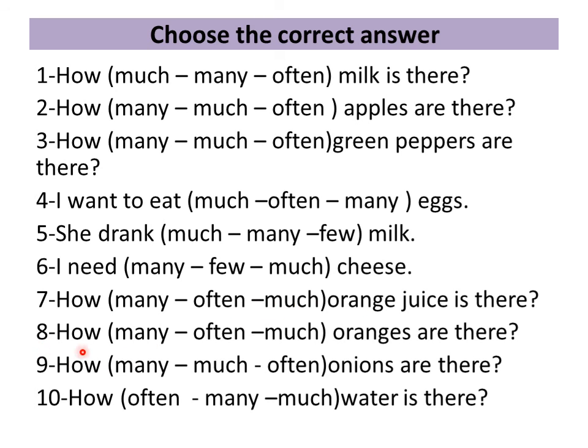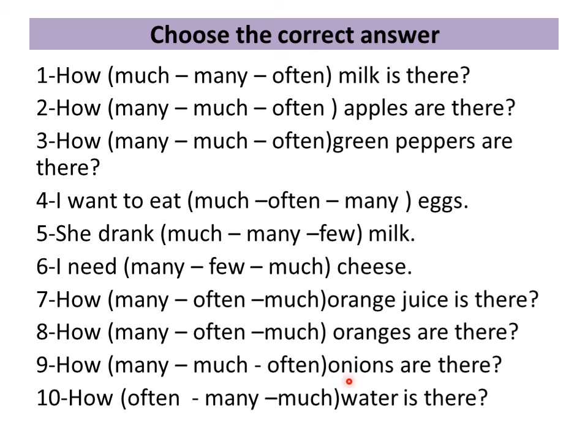Number 8. How many, often, much oranges are there? So how, Amal, how many? Yes, excellent, because we have oranges, not juice. How many oranges are there? Number 9. How many or much, often, onions are there?